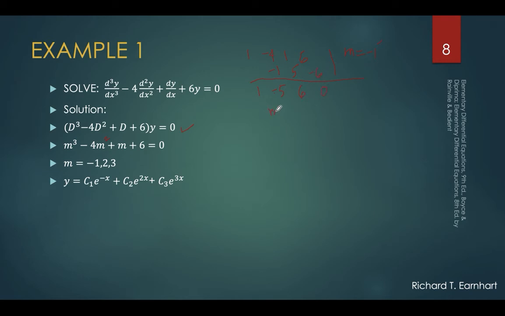So this corresponds to m squared minus 5m plus 6, which is factorable. So 3 and 2, both are negative.